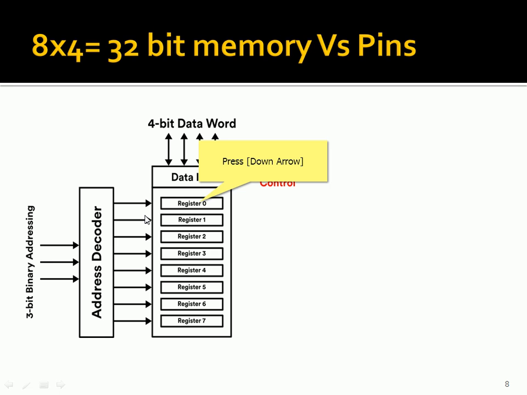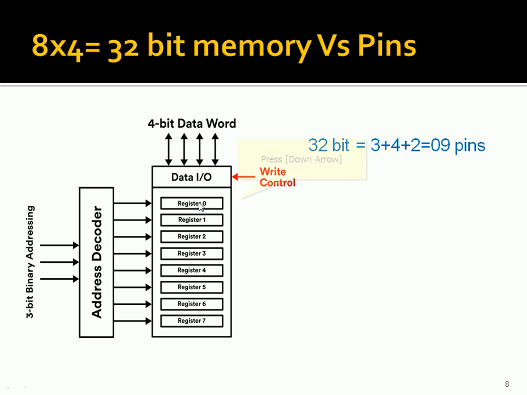So for addressing 8 registers we have a 3-bit decoder, 3 inputs and 8 outputs. So the output will be generated, and there will be a write control signal, that is the read/write bar signal.